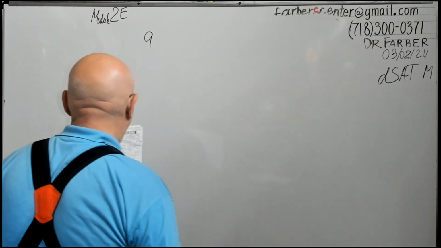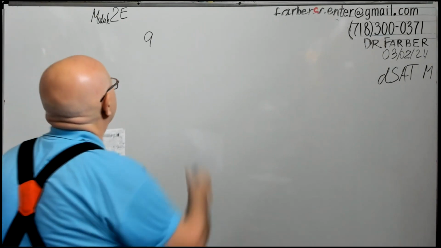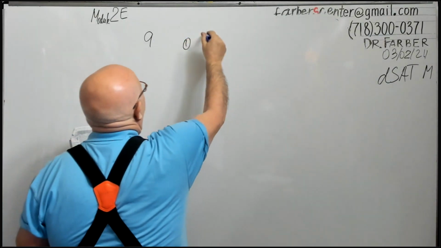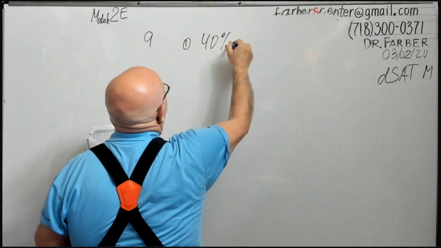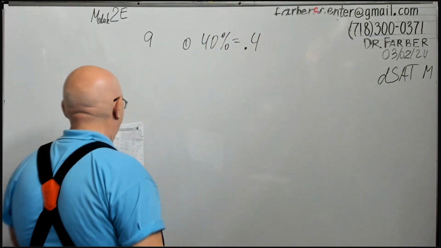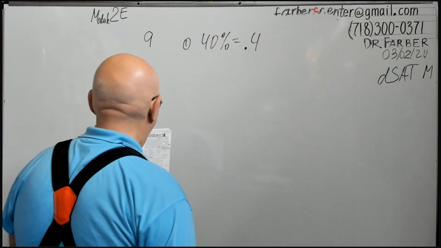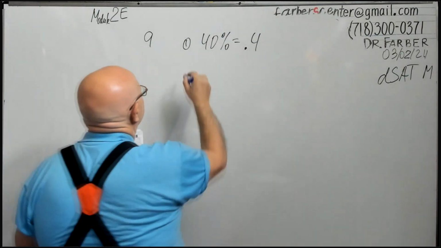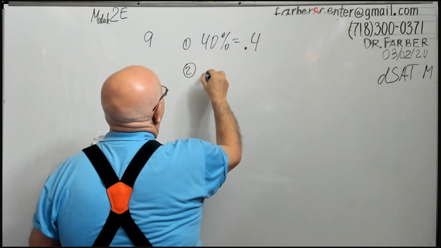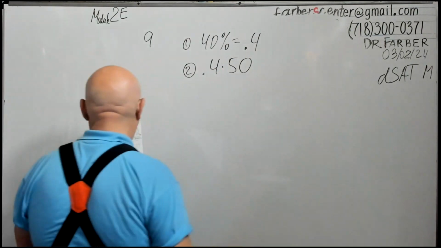This drug is absorbed. How much is absorbed? Step number 1, 40% absorbed, which is 0.4. What else? How many milligrams do we have? 0.4 of 500 milligrams.